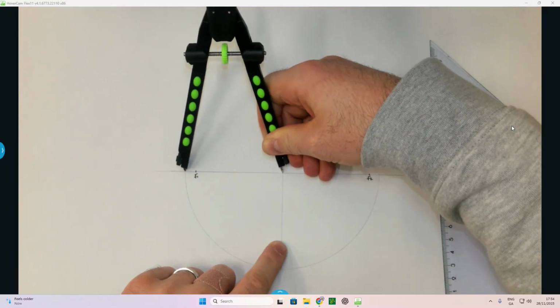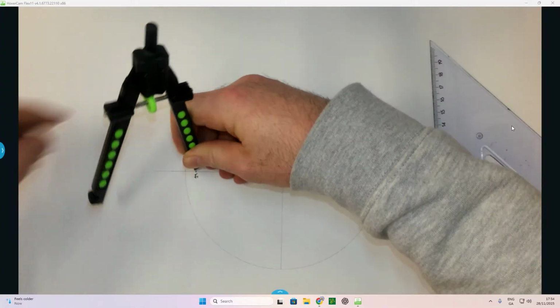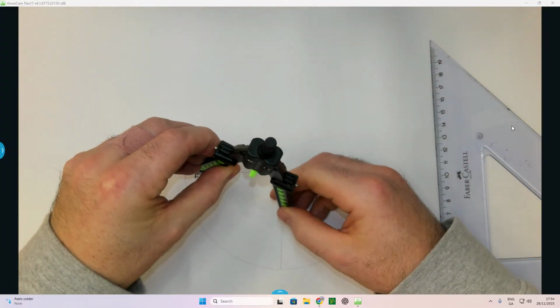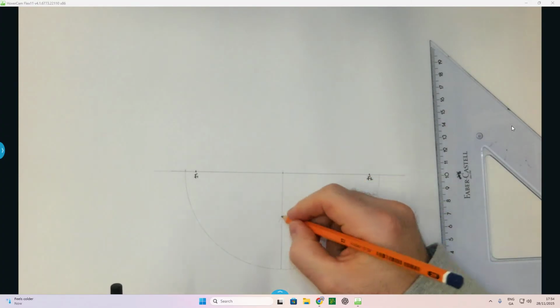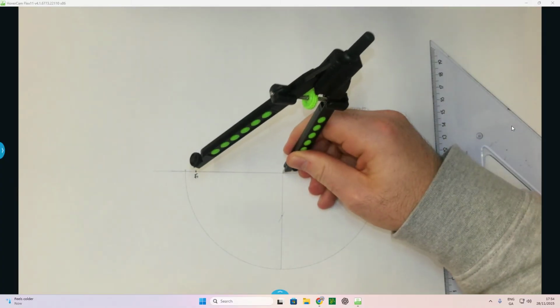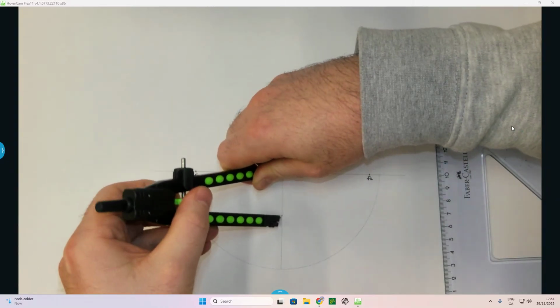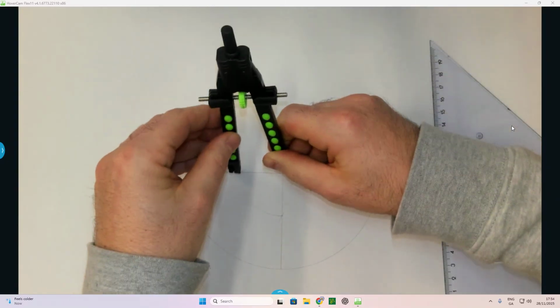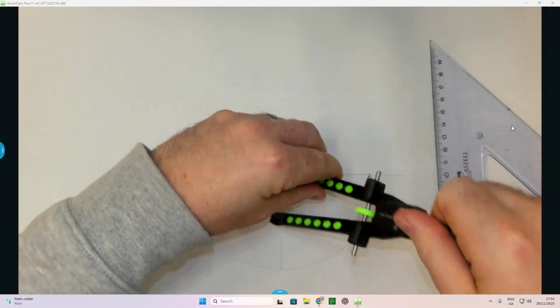If we take half the major axis and swing from the focal point, we can find the minor. Where it cuts through there is going to be my radius for my minor circle, or in this case, minor semicircle. So I'll put that in now.